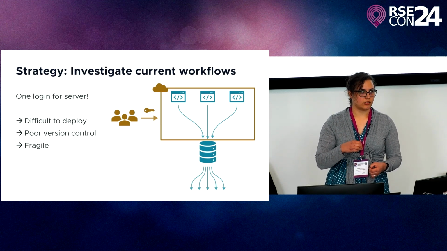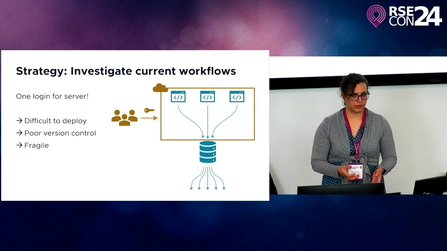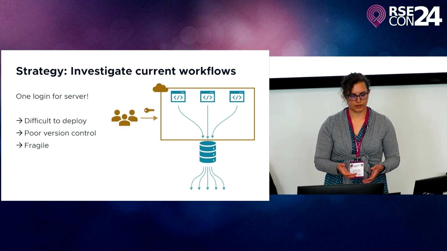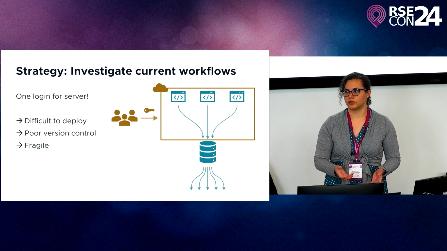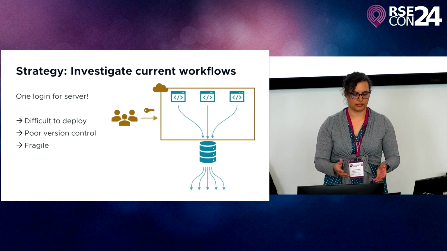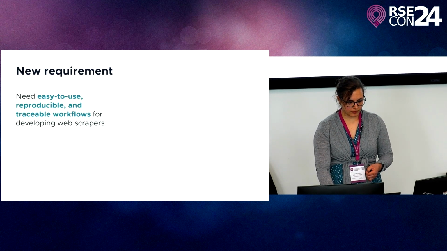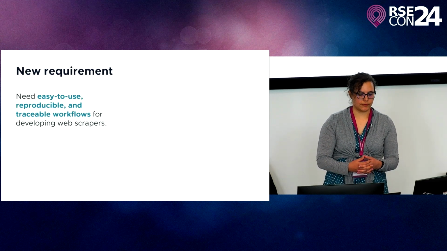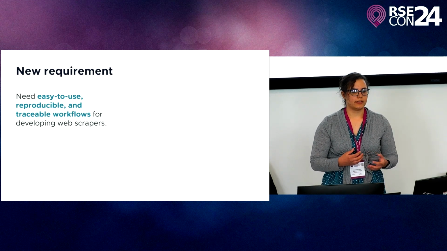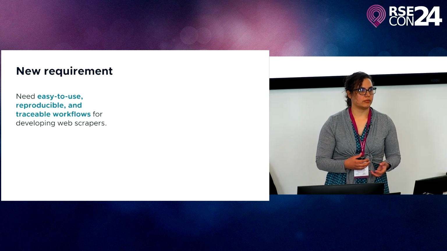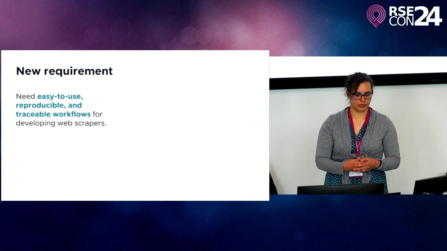So this means that any changes are very difficult to deploy. There was poor and inconsistent version control. And also, the system as a whole is quite fragile because this is a production server, so any changes could break the entire system. So this process had revealed a key new requirement for OpenSCAN's redesign, and that was for easy-to-use, reproducible, and traceable workflows for developing web scrapers.